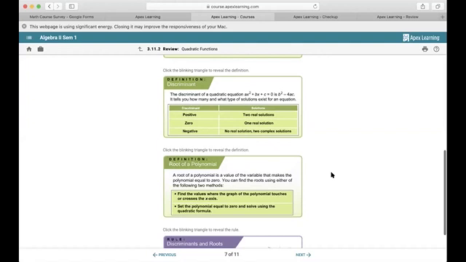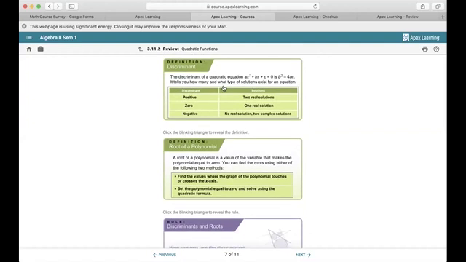A root or an answer to the polynomial is where it's going to cross the x-axis or touch the x-axis. So if I have 2 real solutions, that means I'm going to cross the x-axis twice. If I have no real solutions, I'm not going to cross the x-axis at all.